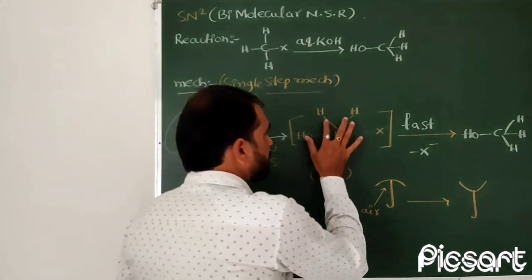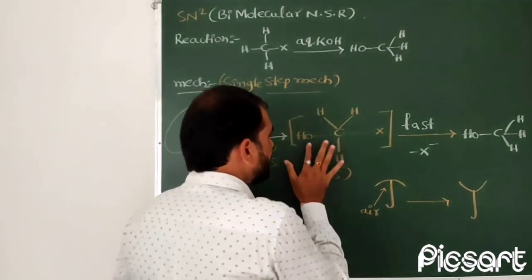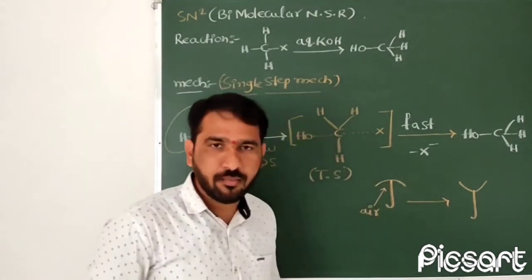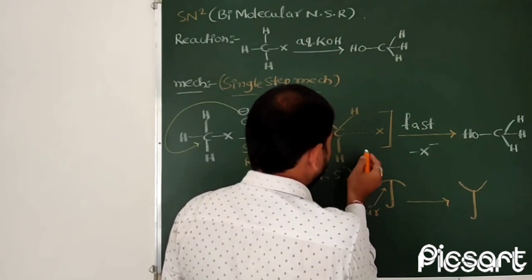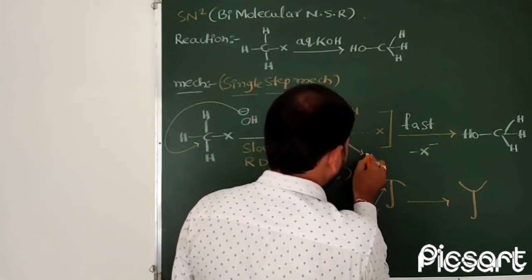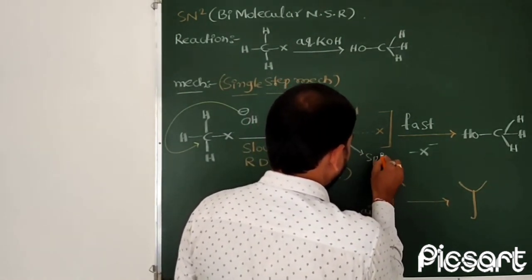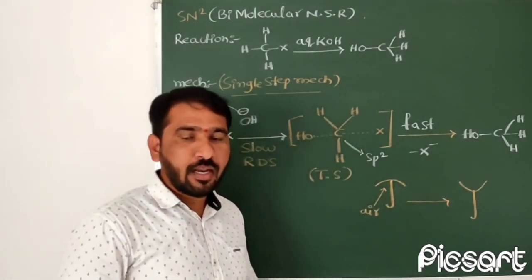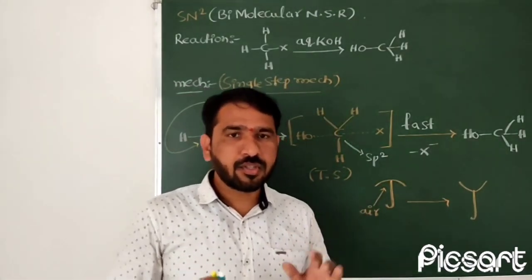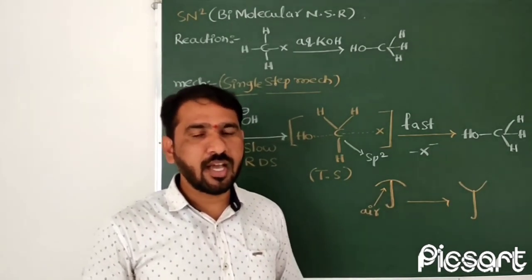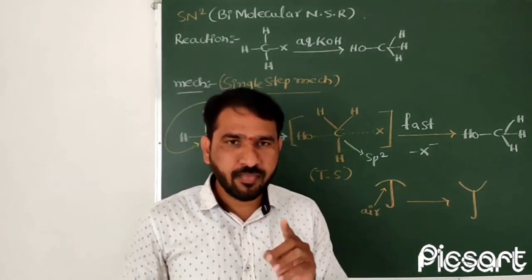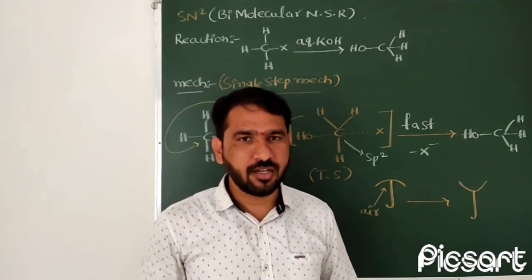Among these 5, 3 are stronger and the remaining 2 are weaker. So the hybridization of the carbon in this transition state is sp2. And also remember, the SN1 intermediate and SN2 intermediate have the same hybridization, that is sp2 hybridization.